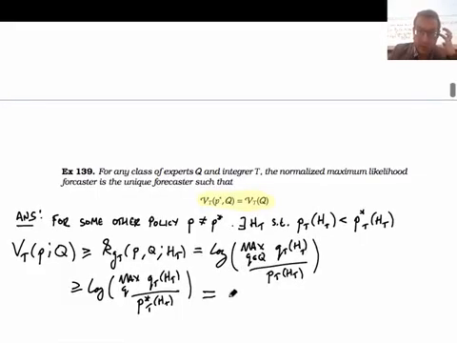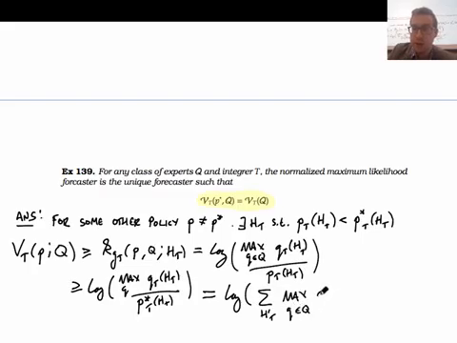So this is equal to the log of that summation, sum over h dash of t, max over q, q of t, h dash of t. But notice that's the outcome that I get for any history from my policy P star. So that is exactly the worst case regret that I have associated with my policy.